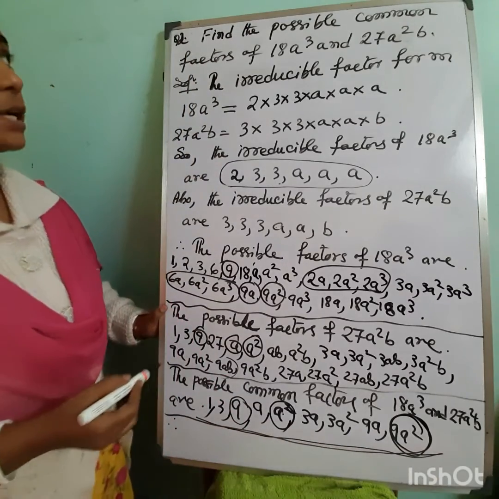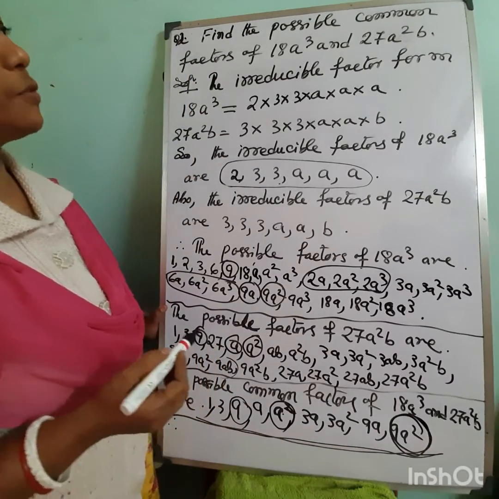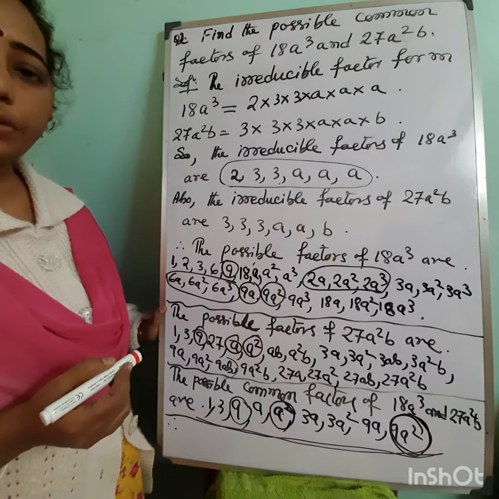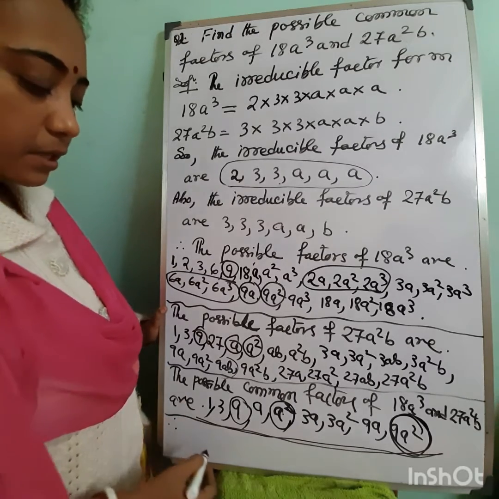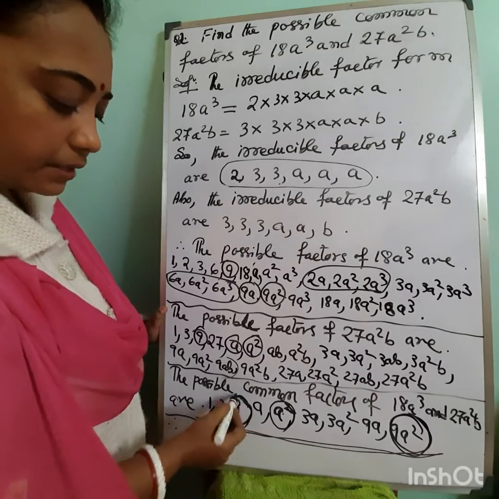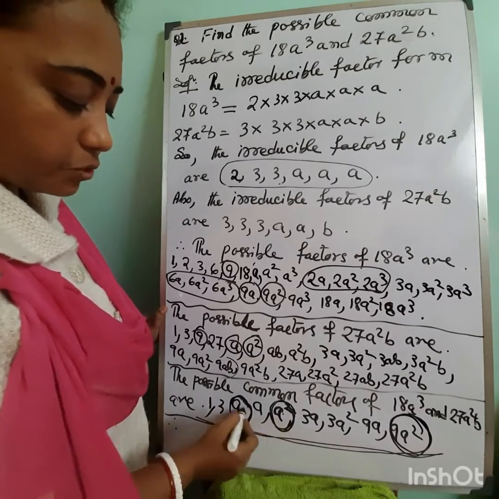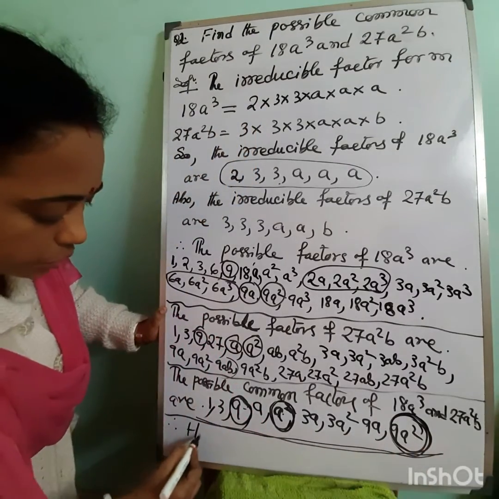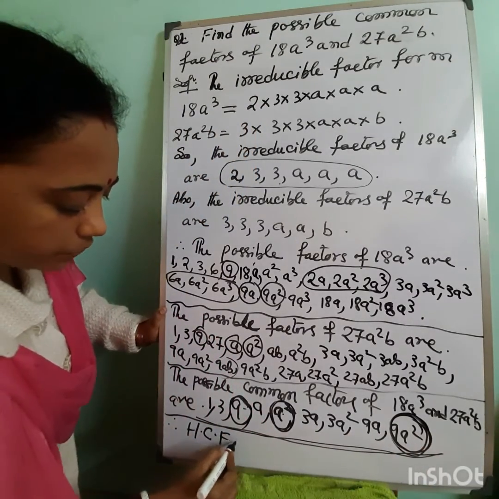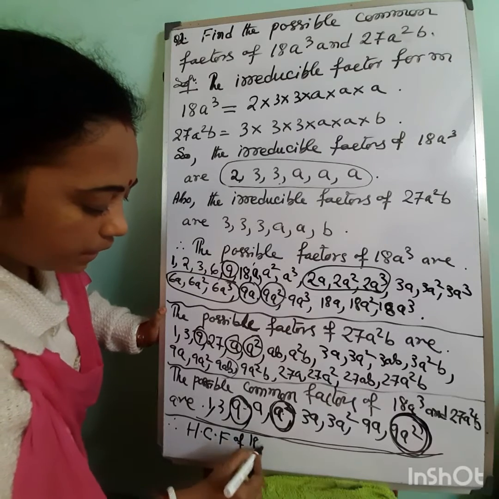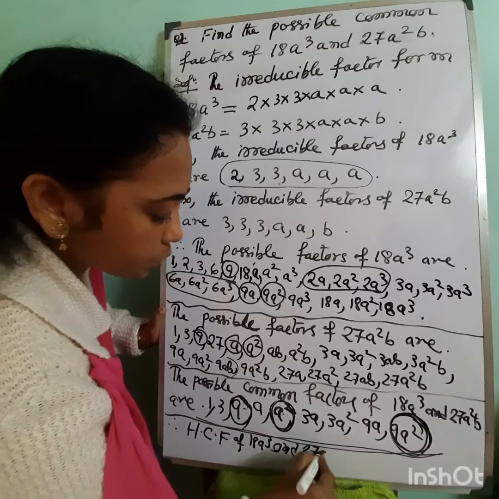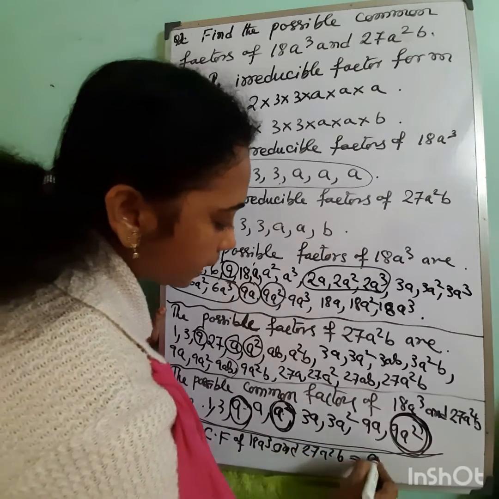Now if it is also asked to find the highest common factor of these two monomials, 18a cube and 27a square b, in that case the highest numerical factor is 9 and the variable factor is a square. So if we multiply, that means 9a square. So the HCF of 18a cube and 27a square b is 9a square.